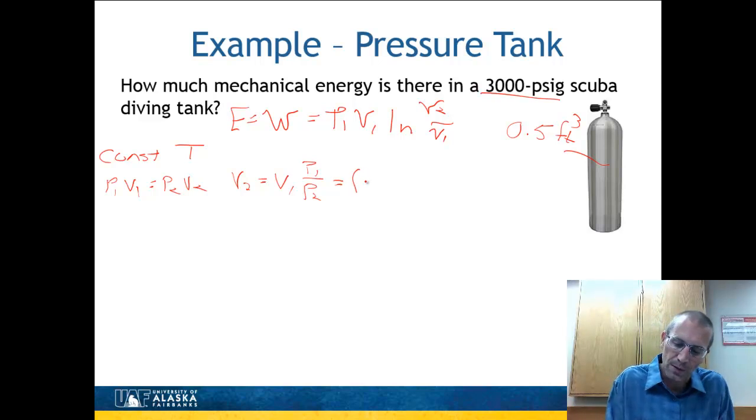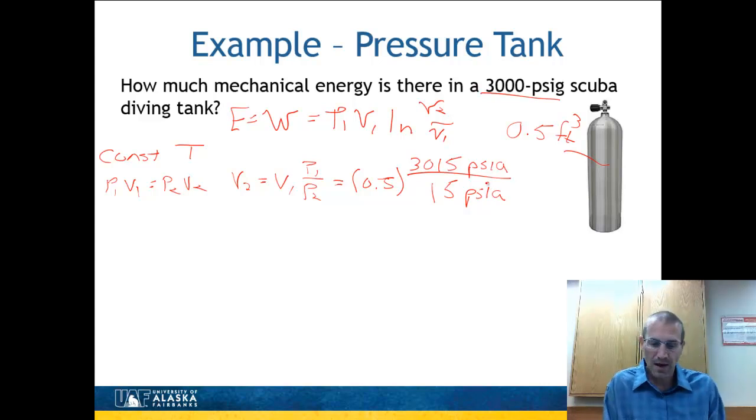If I put those numbers in, 0.5 cubic feet, the initial pressure of 3000 psi, which would be 3015 psia, over 15 psia, which is atmospheric pressure, that is equal to about 100 cubic feet.